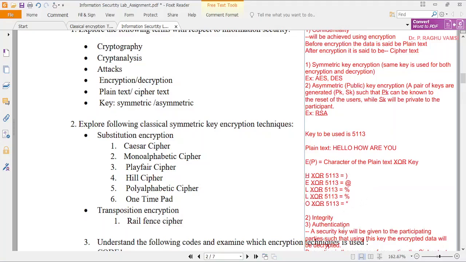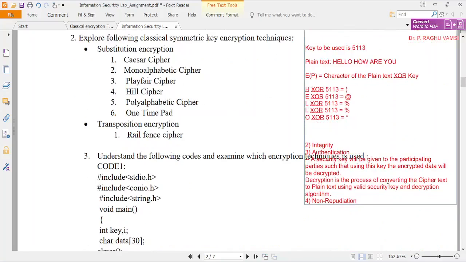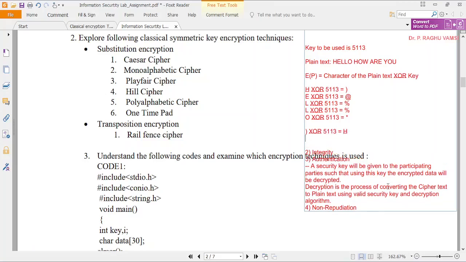But at the receiving end, whenever the receiver receives this, they will do the same operation, that is XOR with the key 5113. Then they will get the original text. E XOR 5113, sorry, not E. This symbol XOR 5113, then they will get E. That means while sending, you are supposed to do the exclusive OR operation with the key, so that you will get some junk characters.